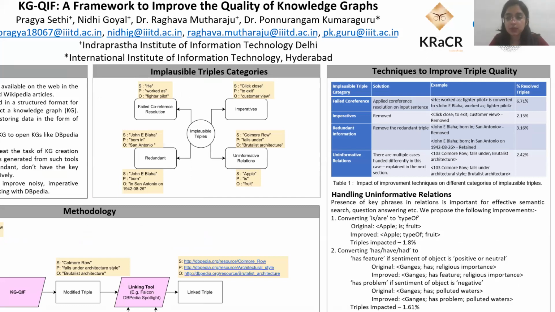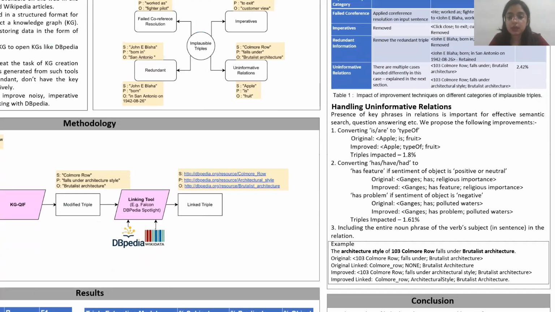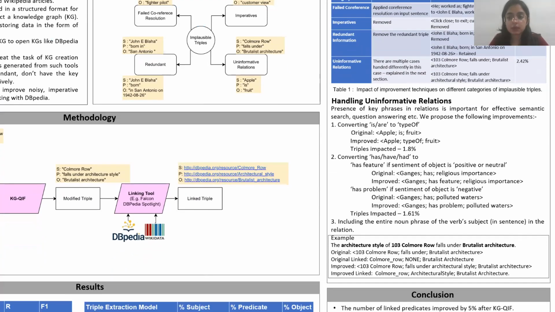In case of uninformative relations, there can be multiple cases and we handle them differently. For example, if the generated relation in the triple is "is" or "are", we convert it to "type of" to match it with the triple in DBpedia. So "apple is a fruit" is converted to "apple type of fruit".